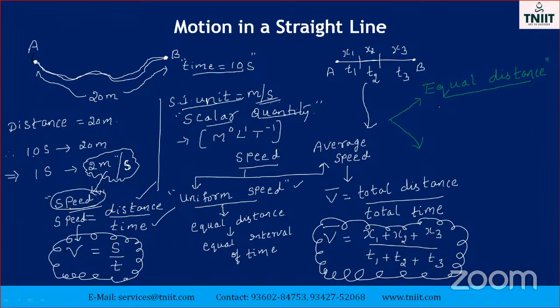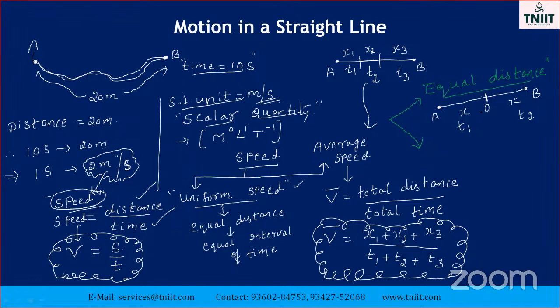For example, this is the point A. Now there is a final point B. Now I'm going to consider the midpoint O. A to O, the distance is x. O to B, the distance is x. But for this first half of the distance, the time taken is t1. For the next half of the distance, the time taken is t2.